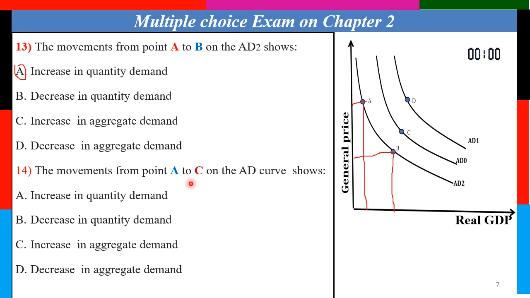Movement from point A to C on the aggregate demand curve shows A, increase in the quantity demand, B, decrease in the quantity demand, C, increase in aggregate demand, D, decrease in aggregate demand.